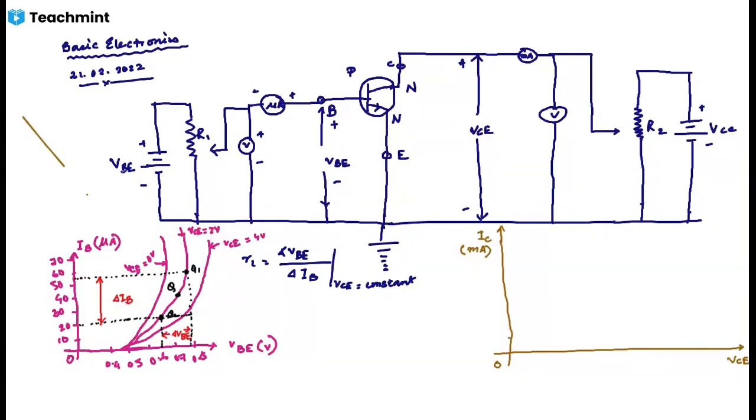These are the values 10, 20, 30, 40, 50, 60, and this is 70. This is 1, 2, 3, 4, 5, 6, 7, 8. Okay.